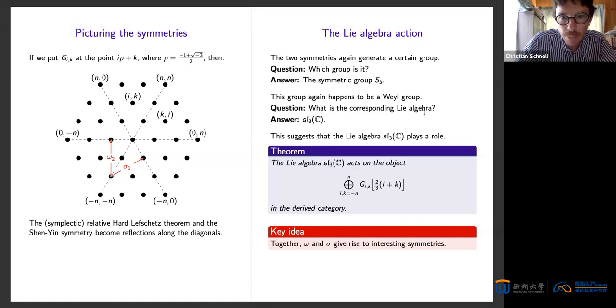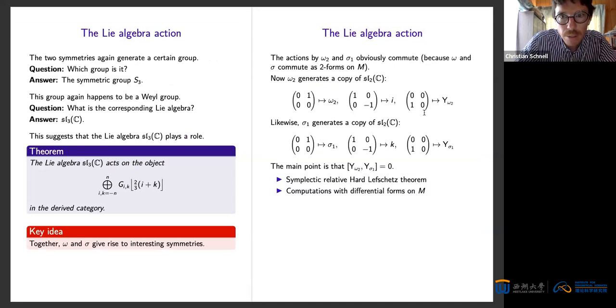I think I have probably one or two more slides, just very vaguely showing what you have to do to prove this. When you try to show that a Lie algebra acts on something, one way is to say the Lie algebra is a set of matrices, and for each matrix you say how it acts.